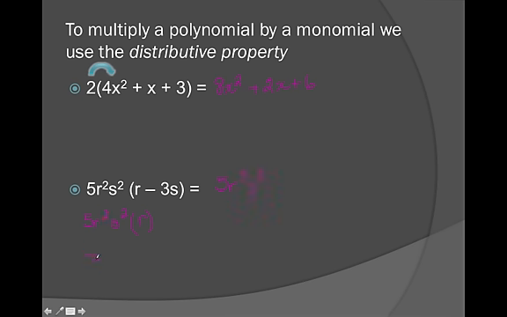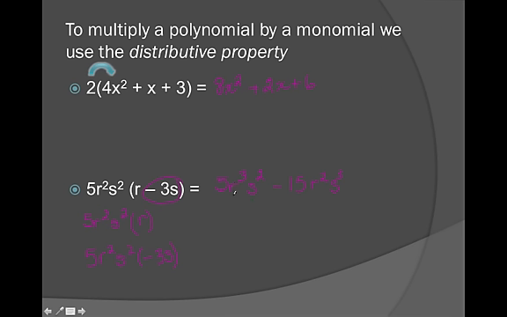And then I'm going to do this piece over here. I'm multiplying the 5r squared s squared, this right here, by the second part of my binomial. So I'm going to multiply it by -3s, so I get -15 r squared s cubed.